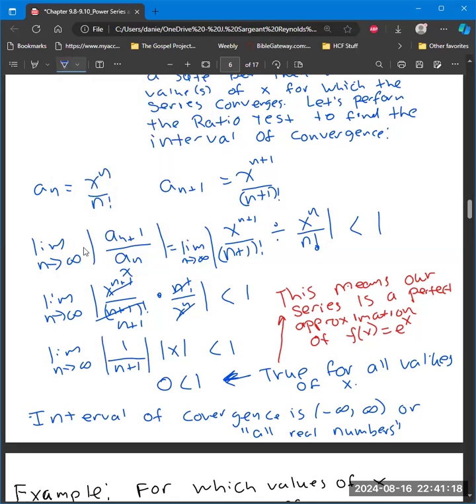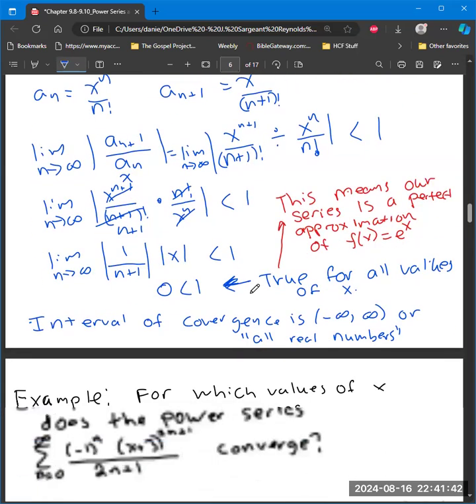I don't absolutely need them, but because n is a positive number going to positive infinity, 1 over n plus 1, the limit as that goes to infinity, is 0. 0 times anything is 0, and the x's disappear. So the convergence here is not based on x at all. Since n took care of it here, 0 is always less than 1, and that's true for all values of x.